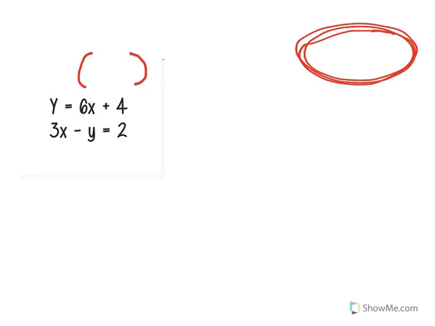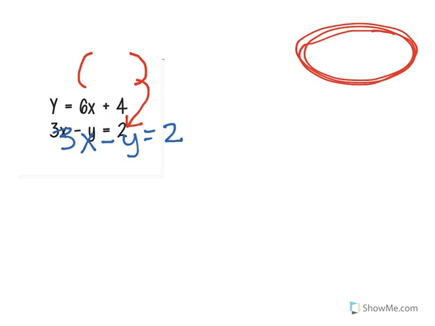So we can isolate y, which equals 6x plus 4, and we can substitute it in the equation 3x minus y equals 2. So instead of putting y into my equation, I can put 6x plus 4 because that is what y equals.